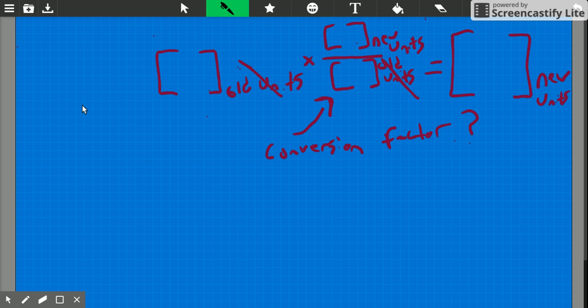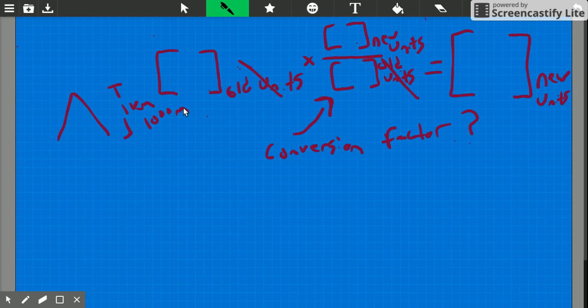Well, you might imagine you're hiking in the Alps and you're going to climb a mountain. You want to know how tall that mountain is. One person measures the height of that mountain, and it's 1 kilometer tall. Another person measures the height of that mountain, and they say it's 1,000 meters tall, right?